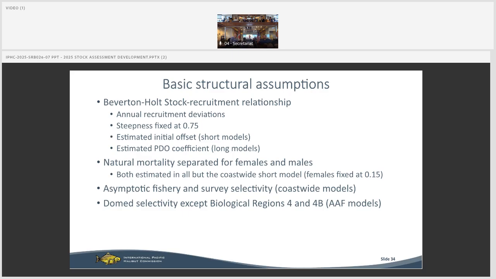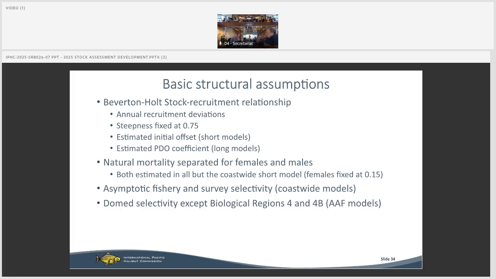However, we think it's wise to have a stock recruit relationship in the model because we know the origin is a real point, and that provides some level of assurance that, especially in a forecast setting, we're not just going to be projecting recruitments that are completely unlinked from spawning biomass. If the spawning biomass goes down, we would expect a priori some reduction.